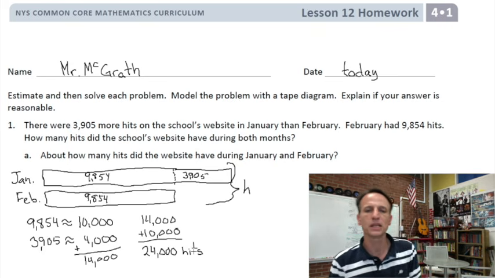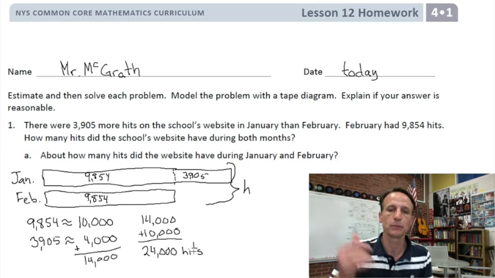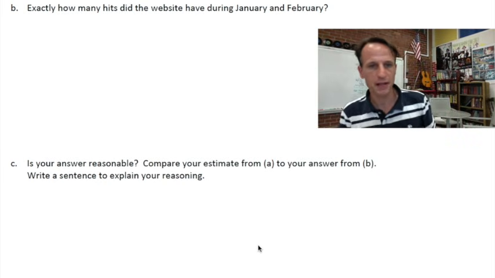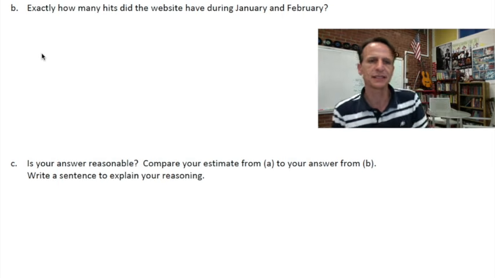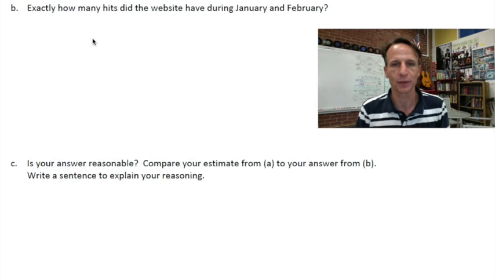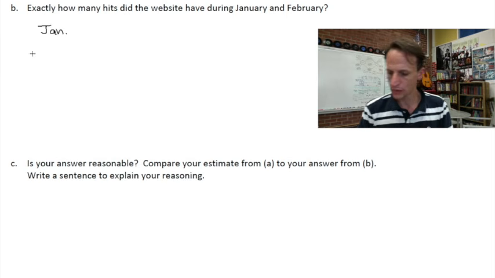Now we'll go on to B, where we find an exact answer, and that's where we explain if our answer is reasonable by comparing it to the estimate. Let's go on to 1B. All right, here we go on 1B and C, where we're going to find exactly how many hits the website has during January and February. Now, February we already know, but we need to calculate January. So let's write Jan for January, and we know that it's 3,905 more than February.